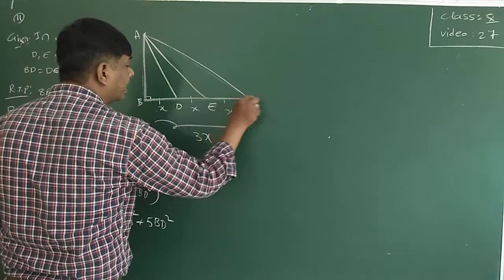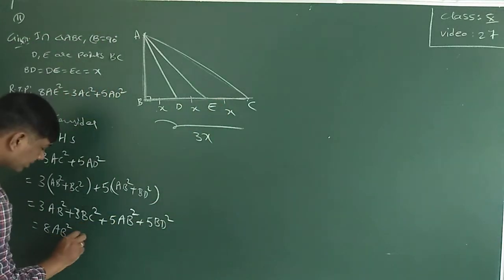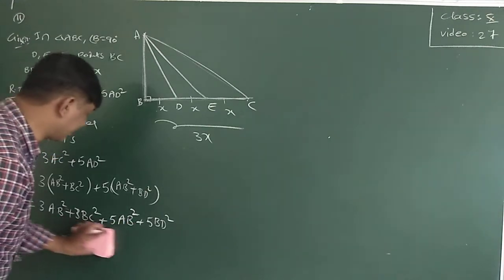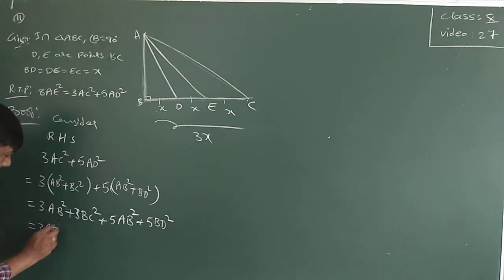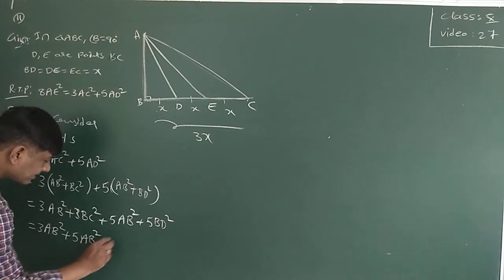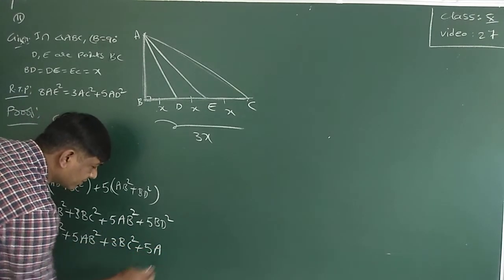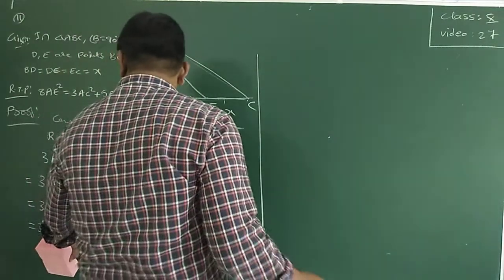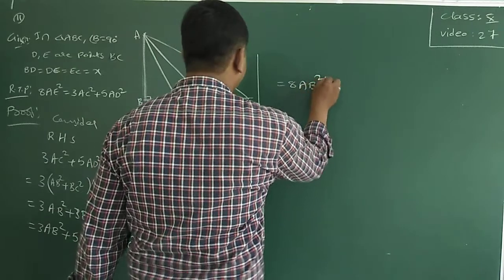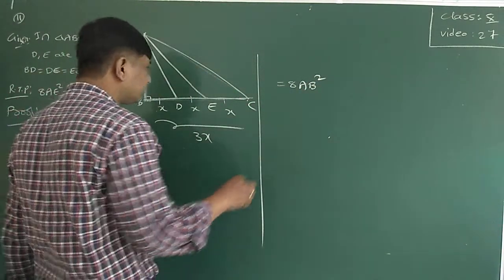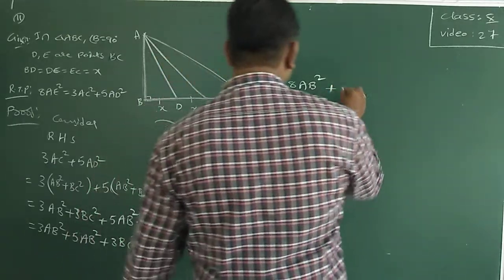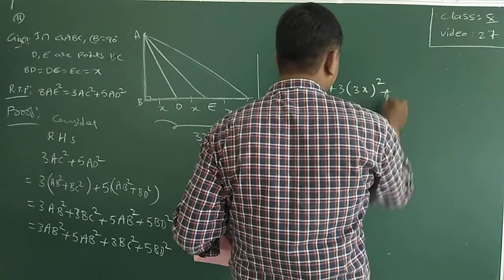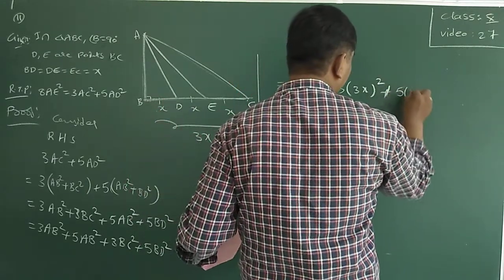BC is nothing but x plus x plus x, 3x. If I simplify it, 3AB square plus 5AB square is 8AB square, plus 3 into BC square, where BC is x plus x plus x, which is 3x whole square, plus BD is nothing but x, so 5 into x square.